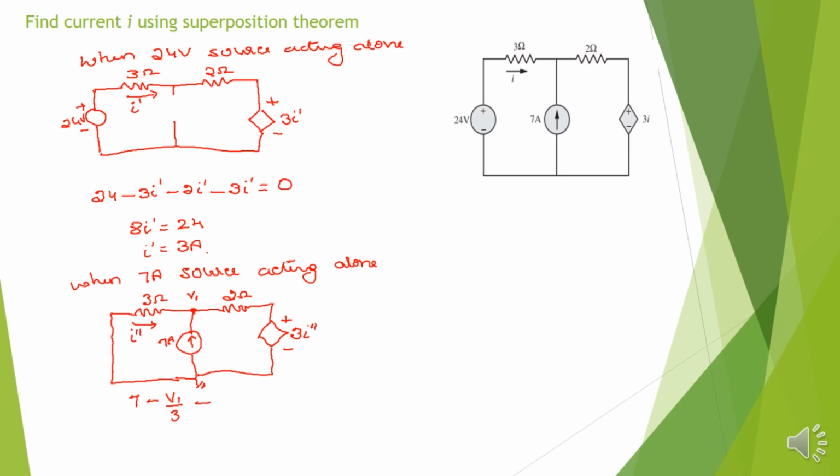So V1 minus 3I double dash divided by 2 equal to 0. Correct? V1 minus the potential at this point, which is 3I double dash, divided by 2. So what is I double dash?